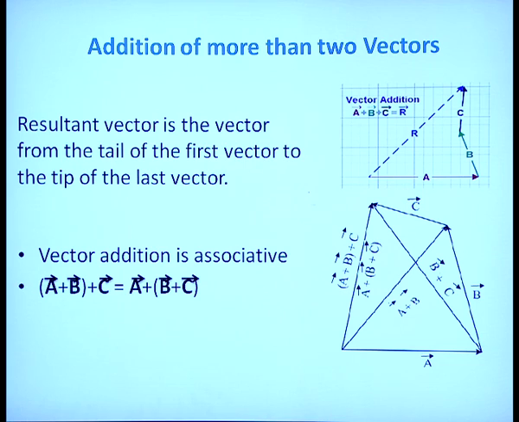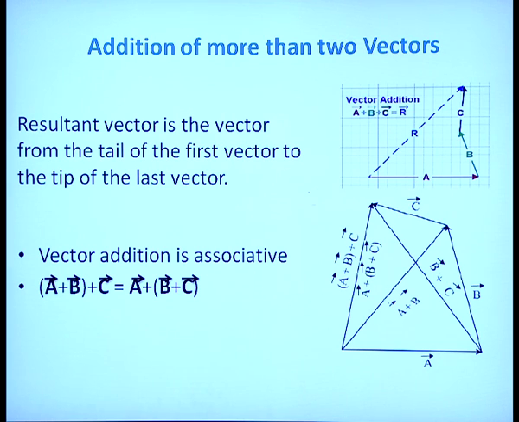When we add more than two vectors, suppose we are taking A, B and C vectors, 3 vectors, then the resultant of these 3 vectors will be the vector from the tail of the first vector to the tip of the last vector.